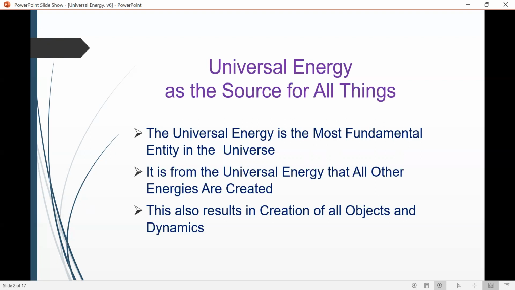Okay? This also means that the universal energy is the primary entity behind all particles, and therefore all structures, all atoms, and therefore all large-scale objects. So it's everything.